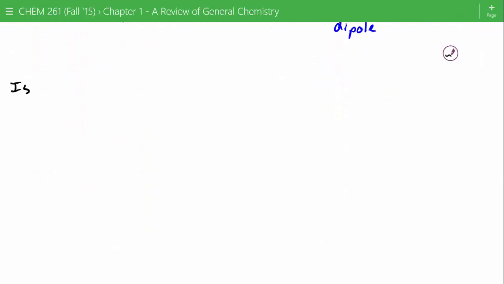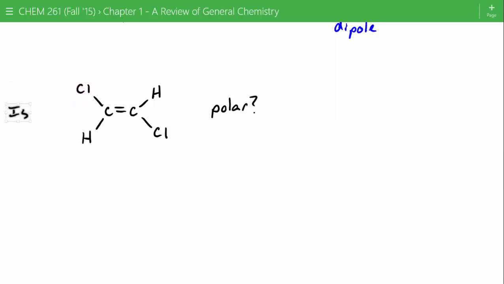I'm going to have a chlorine here, carbon here, carbon here, chlorine here, hydrogen here, and a hydrogen here. So is this polar, this compound with a double bond on it? Let's think about this.